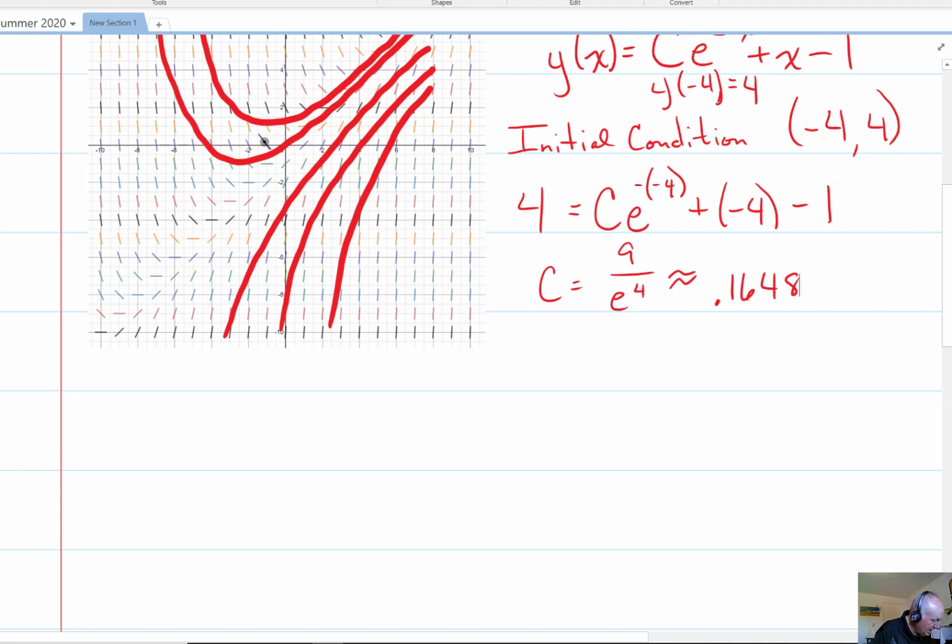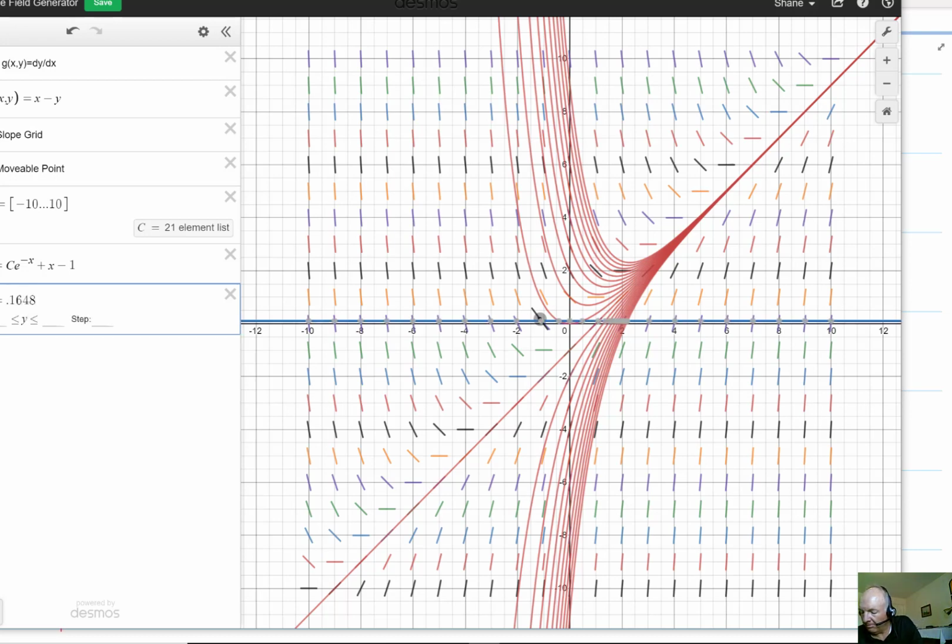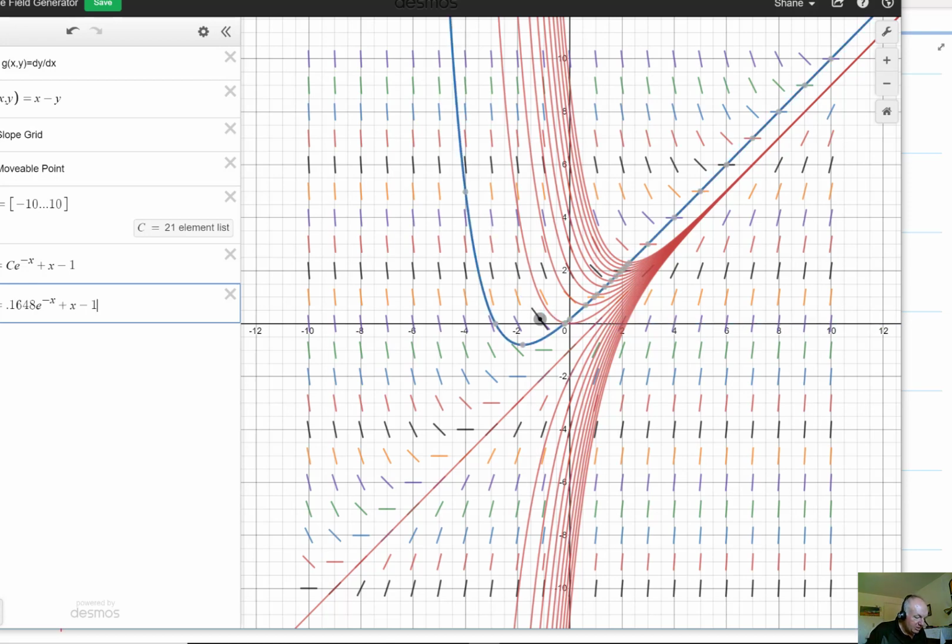Just to verify this, we can graph our solution with that as the constant. This is a particular solution we're looking for, and we verify that it does everything we need it to. So y equals 0.1648 e raised to the negative x plus x minus 1.